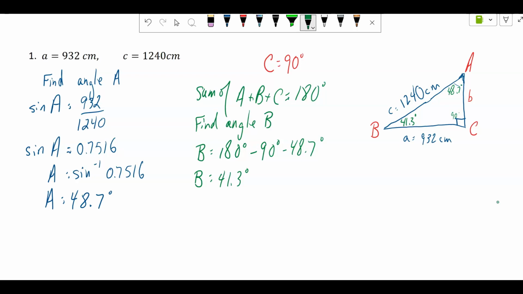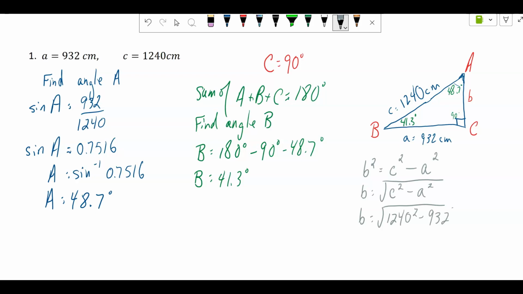So, we can use Pythagorean theorem because, let's use gray. All right, so B squared equals C squared minus A squared, or B is equal to the square root of C squared minus A squared, the square root of 1240 squared minus 932 squared.